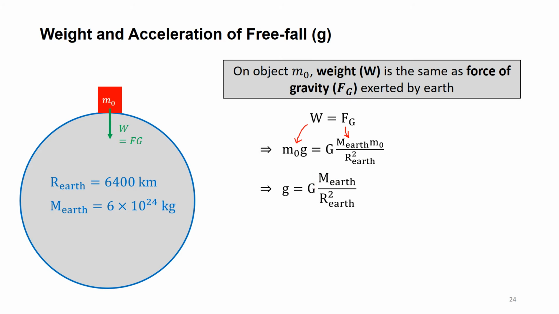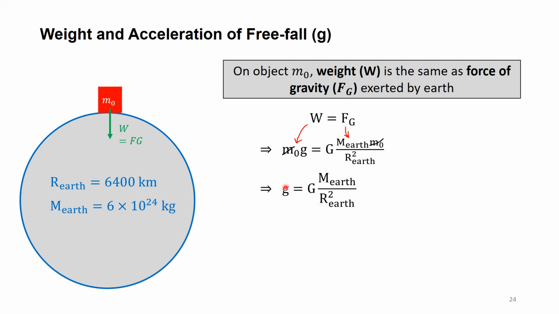Continuing, we see that the m0's cancel out on both sides, and we have an equation for just lowercase g. This equation tells us how to find the acceleration of free fall using the mass of the Earth and the radius of the Earth.